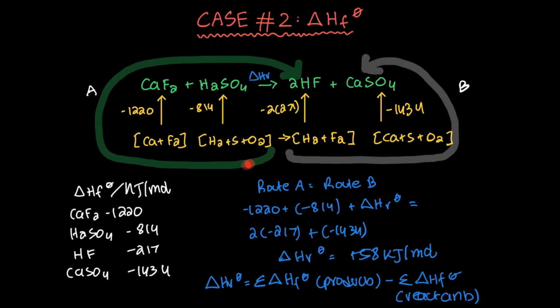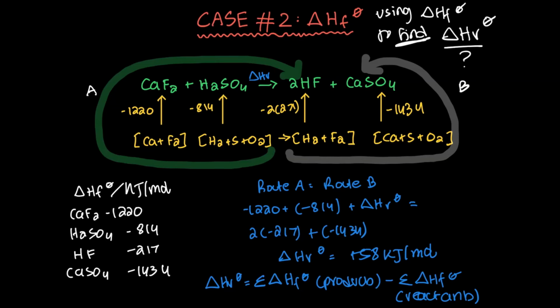So in this case, if you take a look at route A, you have this number over here. So you copy that down, and you have this number over here. And you also have delta H of R coming over here, which is what you need to find. You need to use delta H of formation. So what you're doing over here is you are using delta H of formation to find delta H of reaction.